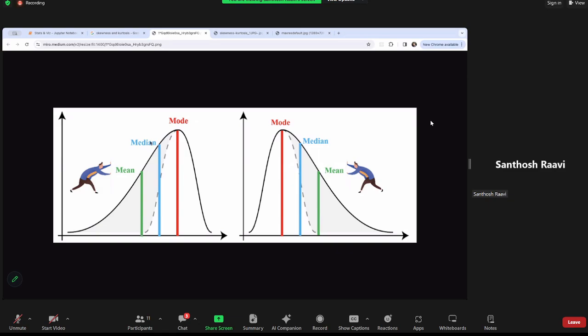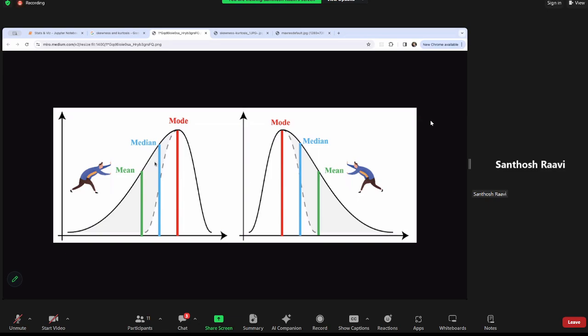Consider only mean and median. If the mean value is less than the median, you will get left-tailed skew. If the mean value is greater than the median, you will get right-tailed skew.